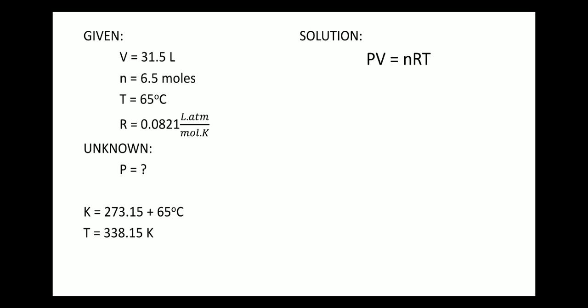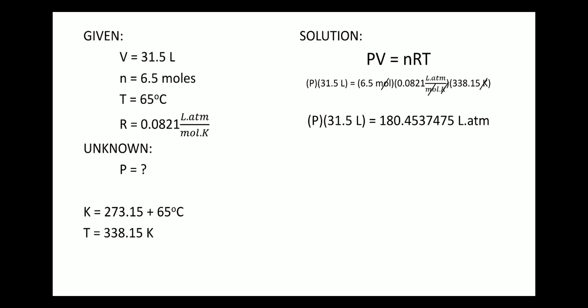Now let's solve because the values are now complete. PV is equal to nRT. Substituting the values, P times 31.5 is equal to 6.5 times 0.0821 times 338.15. From here, we can cancel some of the units: we cancel mole and Kelvin, and the remaining unit is liter atm. Then we multiply: 6.5 times 0.0821 times 338.15 is equal to 180.4537475 liter atm.